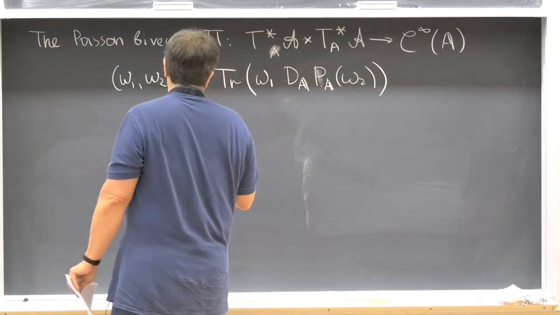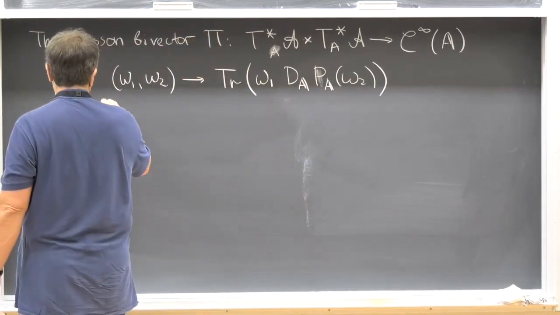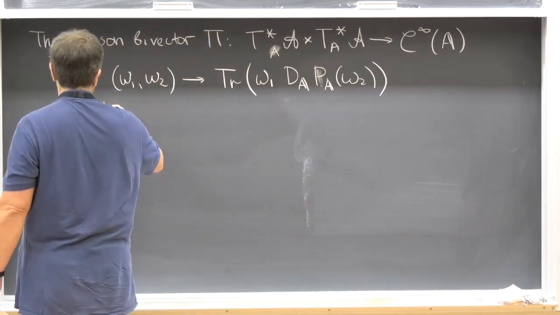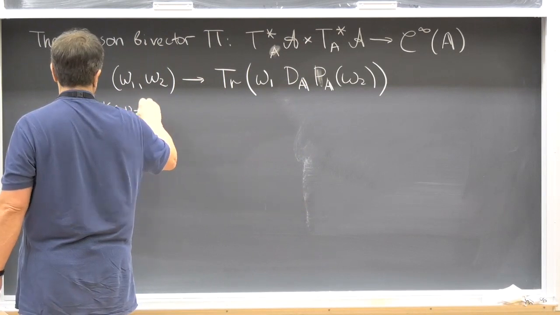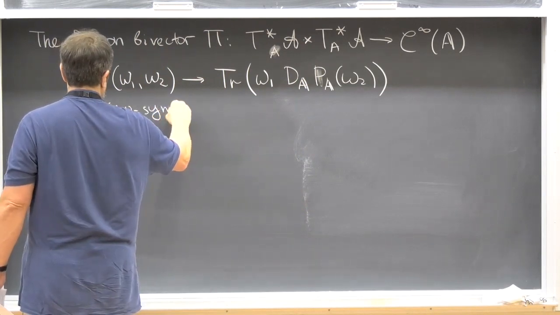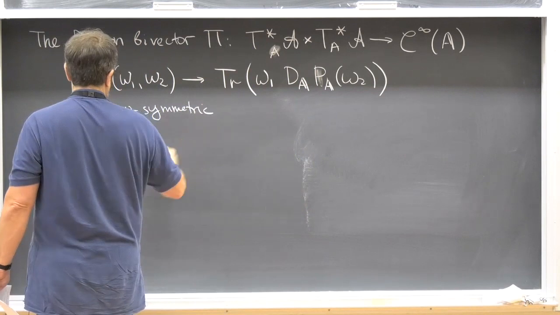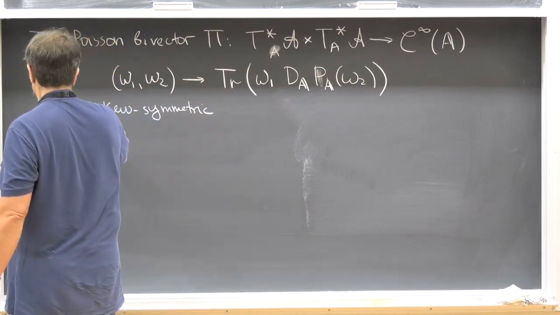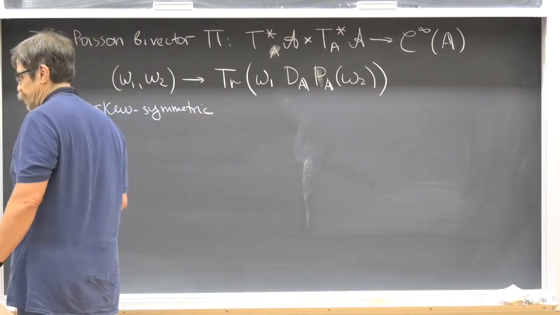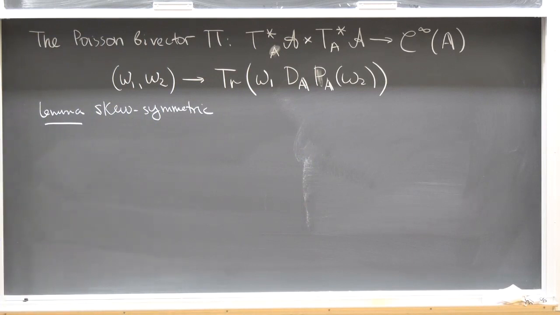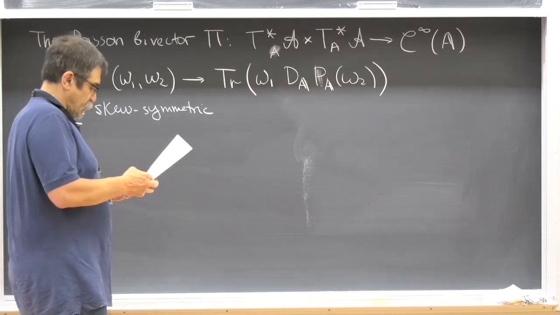What is interesting in this map is that it can be proven that it's skew-symmetric. It's not so obvious, but it's also not a very long exercise, again in linear algebra.